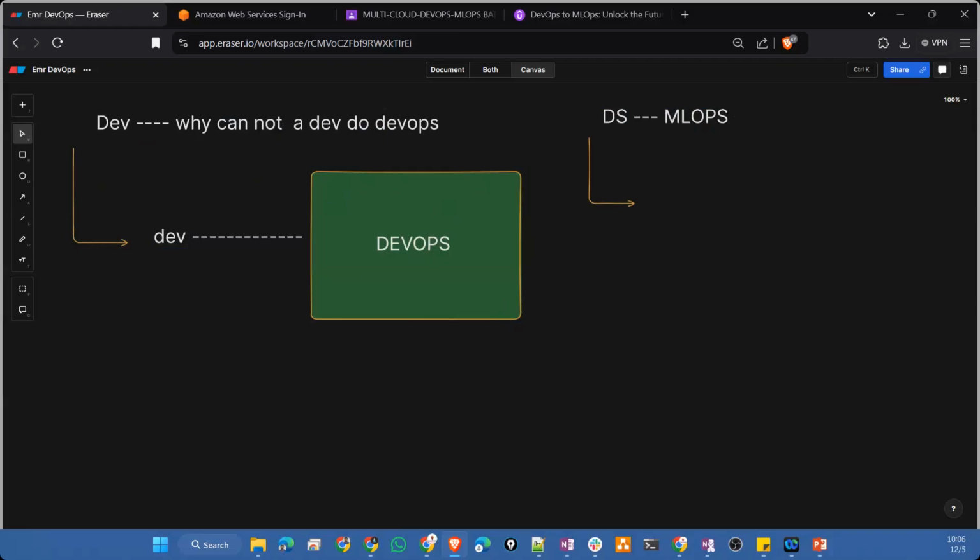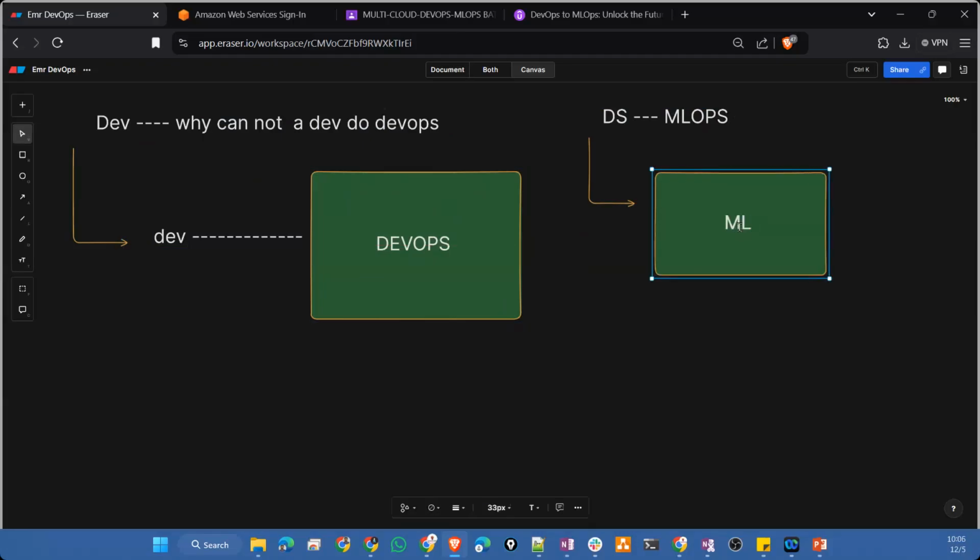They are only focusing on ML model development and model training, training and feeding the data, working completely on the ML side. On the operations side, they don't have enough time and lack expertise in maintaining the environment, building training pipelines, and implementing automated solutions. So this is why MLOps is needed.